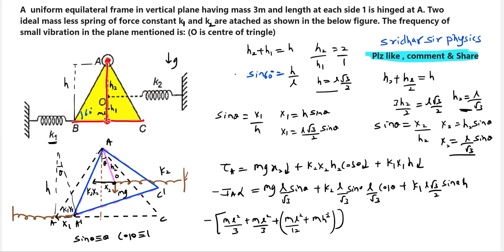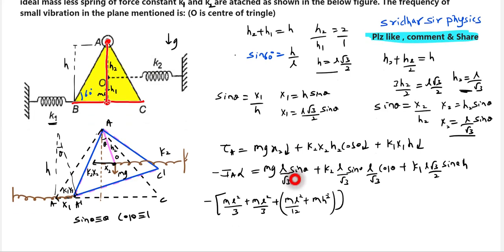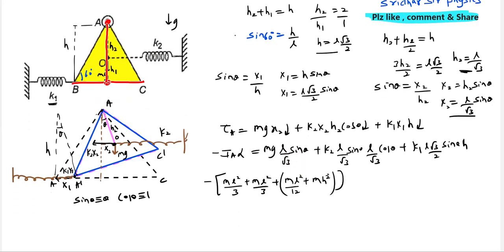Okay, fine. Now we'll get the moment of inertia. The next step, we'll write the further equation. This should be equal to I alpha.